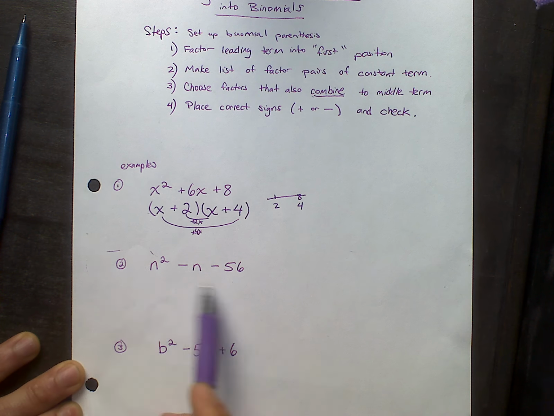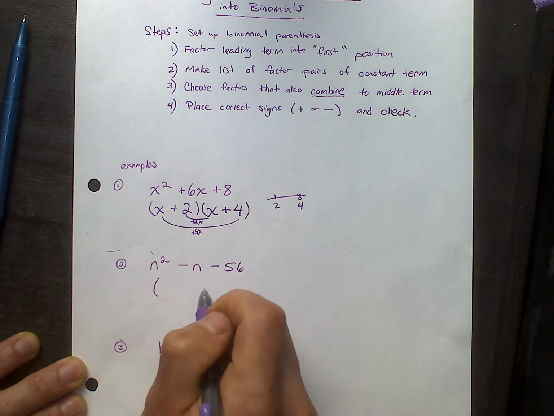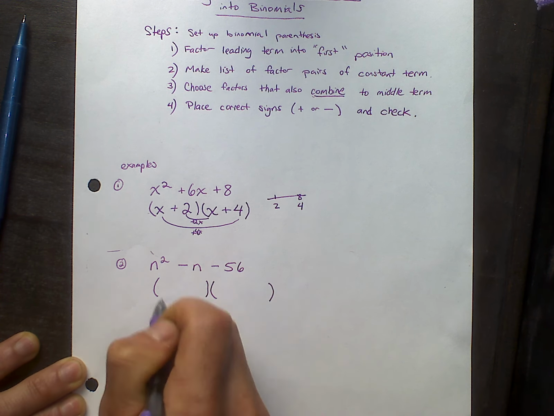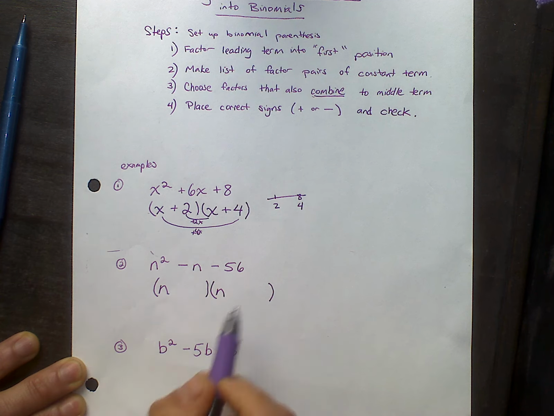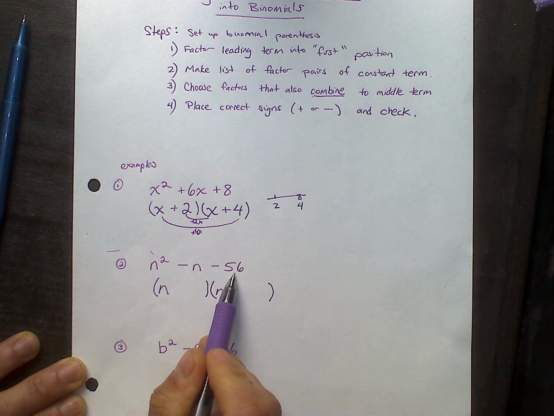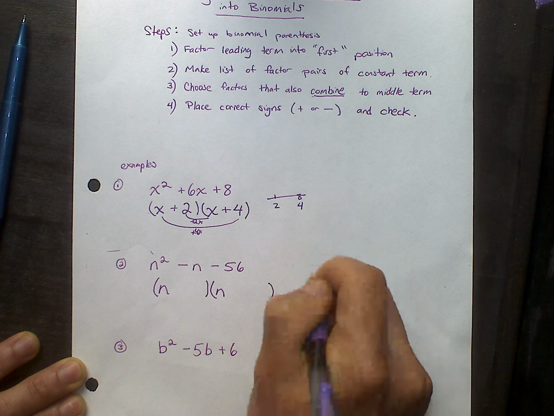My second example, I have a quadratic trinomial. It's the variable n instead of x, but that's okay. I just will have to remember that when I'm factoring the first term, n times n gives me the n squared. Next, I have to look at that last constant, that last number. I need to write out some pairs of numbers that multiply to 56. Well, let's begin.